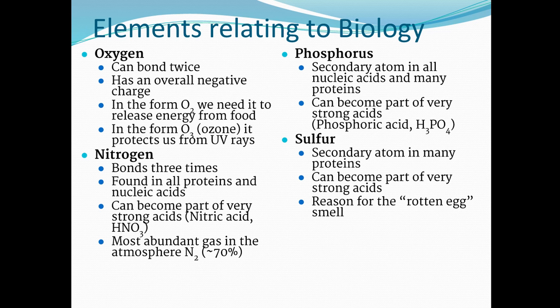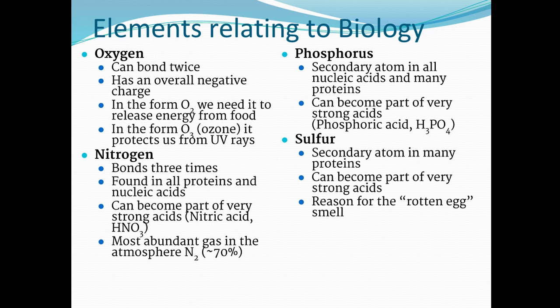Nitrogen is very important specifically in proteins and nucleic acids. It's necessary in the backbones of proteins. We find amino acids have to have a nitrogen in them to be formed. And pretty much all of your nucleic acids are also going to have nitrogen in them. It's one of the most abundant things in the atmosphere right now.